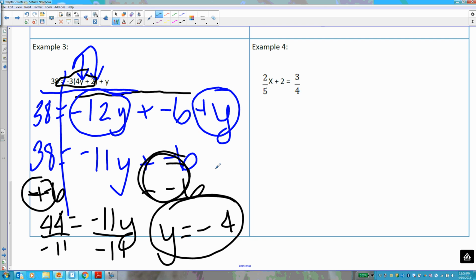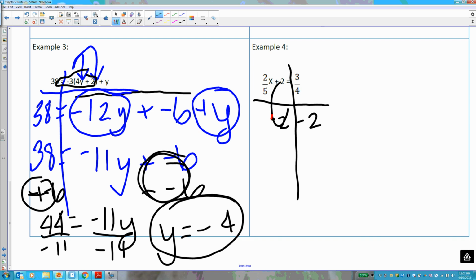All right, this next one is just a two-step equation. Whoa, sorry guys. All right, this is just a two-step equation. So this one I just wanted to do so you can see one with fractions. Now, remember, so I need to subtract 2, subtract 2.